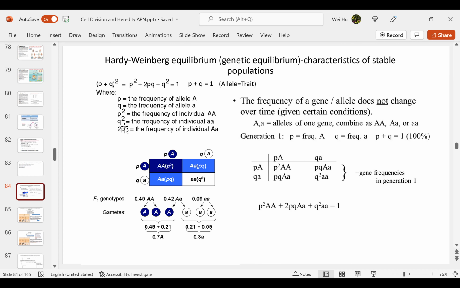Any individual body cell will have big A, or small a, or big A and small a. So all of your body cells must have two alleles. They can be the same, homozygous, P squared, Q squared. They can be different; 2PQ is heterozygous. So I gave you examples: your germ cells have P and Q, and your body cells have P squared, Q squared, and 2PQ.